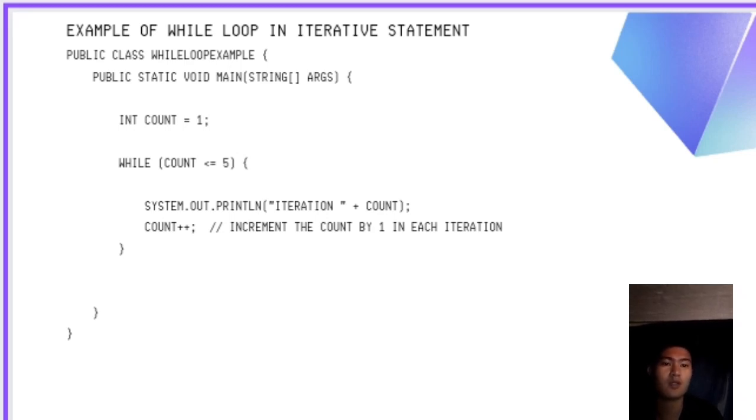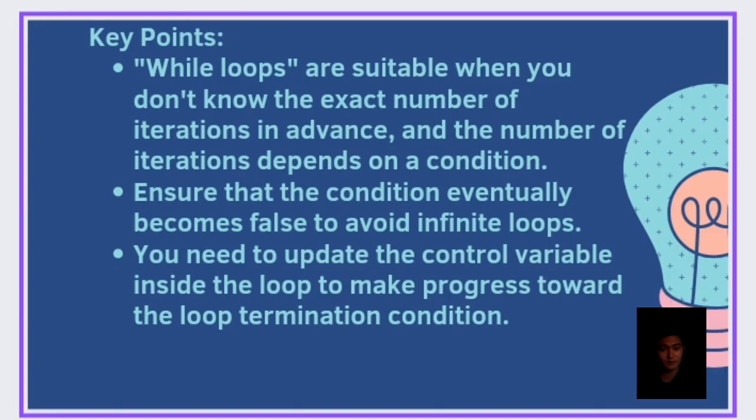They are particularly useful when the number of iterations depends on dynamic factors or user input. However, you should always ensure that the condition will eventually become false to prevent infinite loops. So this is the key point of the loops.